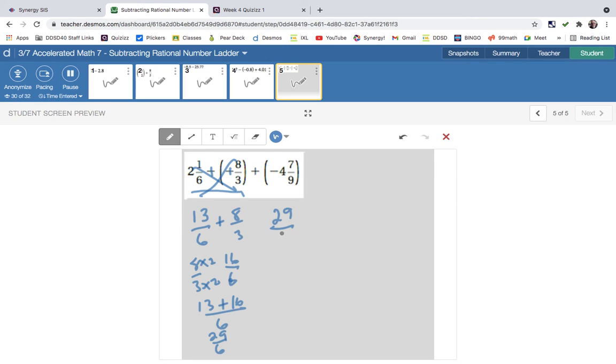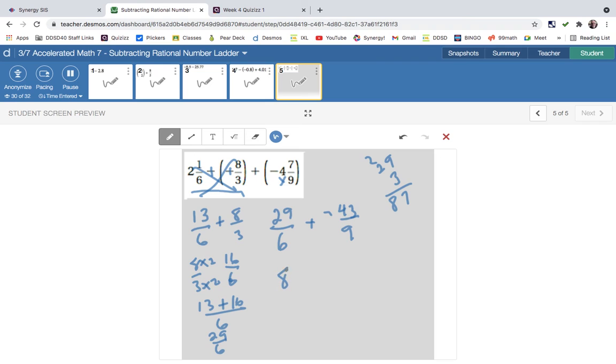Then I'm going to change this mixed number to an improper fraction plus a negative. 9 times 4 is 36. 36 plus 7 is 43. So negative 43 ninths. So we need to find a common denominator. That's going to be 18. So 3 times 29, that is 87.